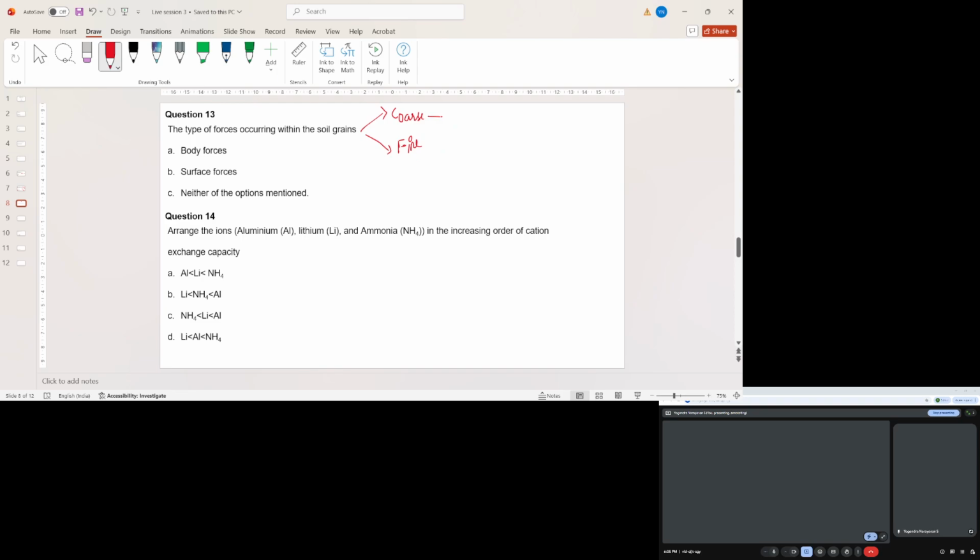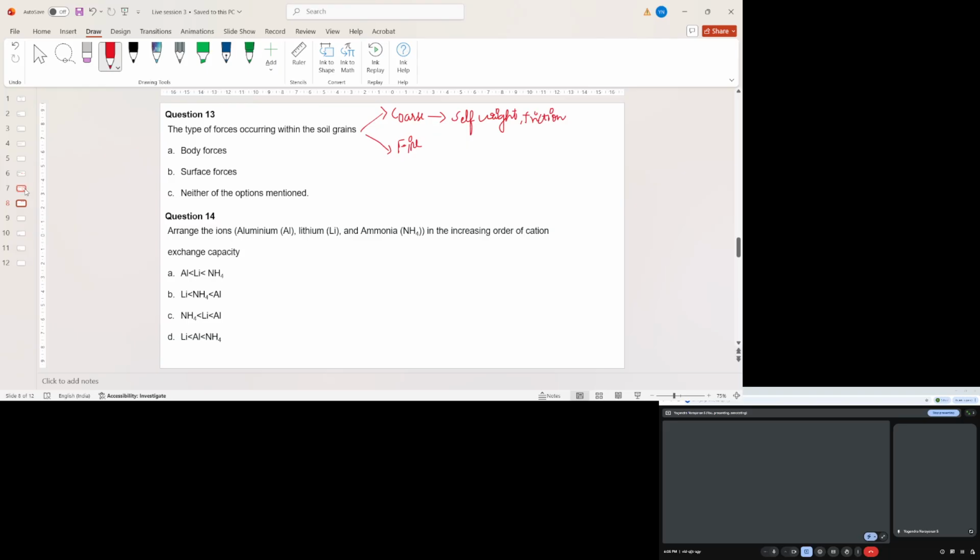In coarse grain soil, the forces are dominated by its self weight, which indirectly gives rise to friction, which is a body force.